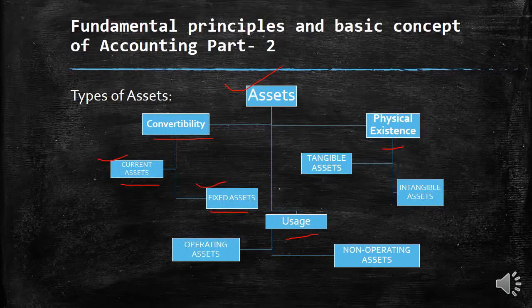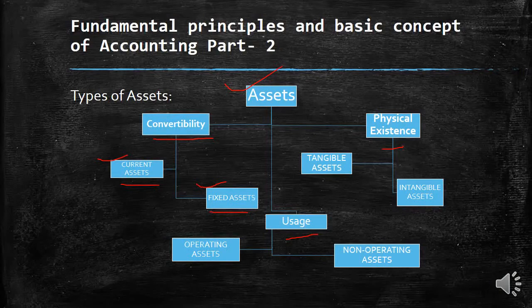They are called fixed assets. Like the cash you have in your hand or in your bank account are called current assets, and the building or the land you own are called fixed assets. Why? Because the building or the land you own can be converted into cash but not instantly. They need to be sold, then the cash has to be collected, right? So these are called fixed assets.